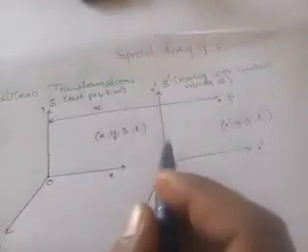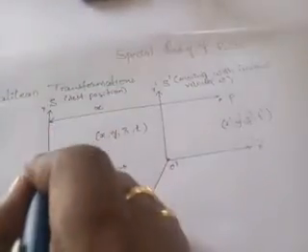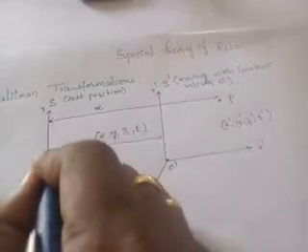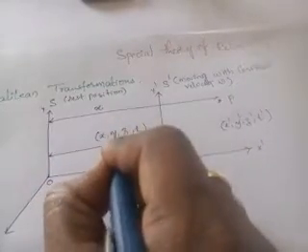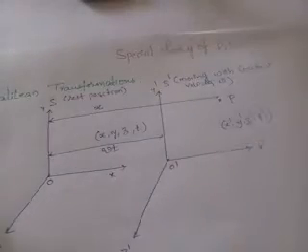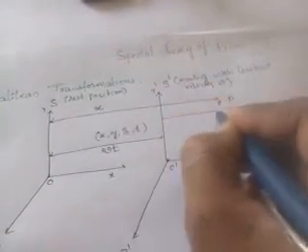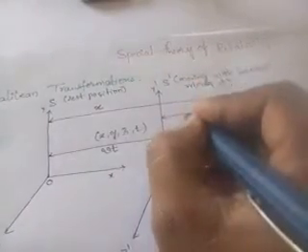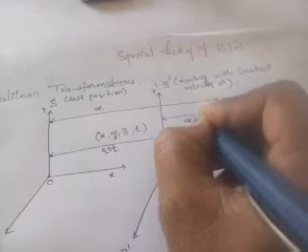Now the velocity of S dash frame with respect to S is v, therefore the distance from here to here can be taken as vt. Now the distance from here to here, with respect to S dash, can be written as x dash.